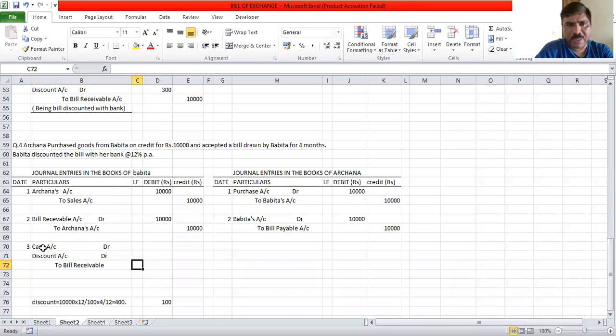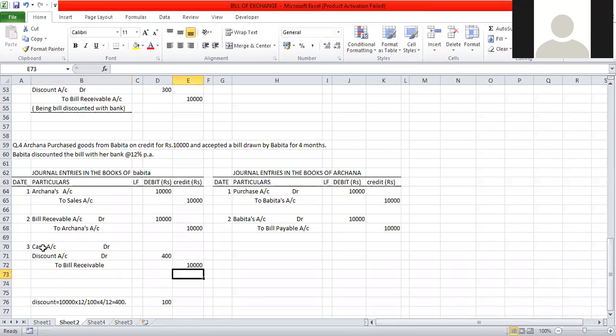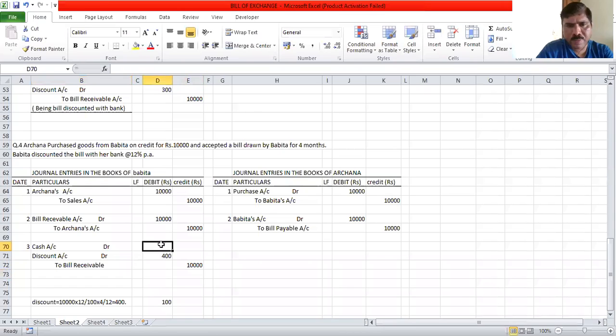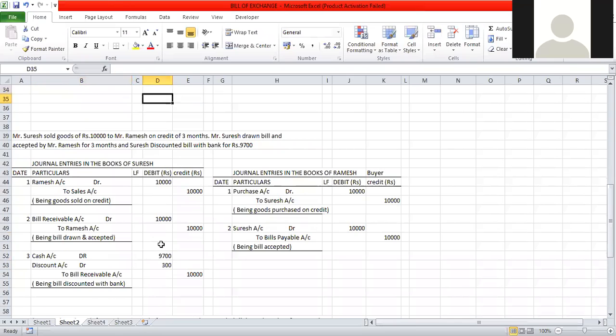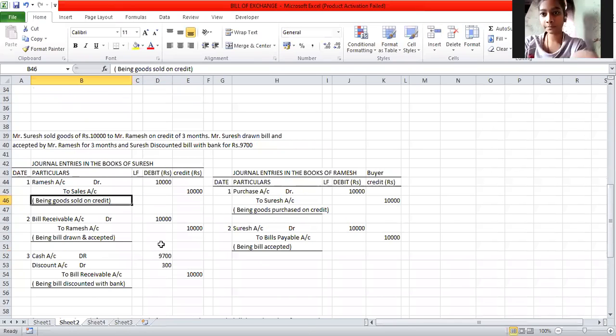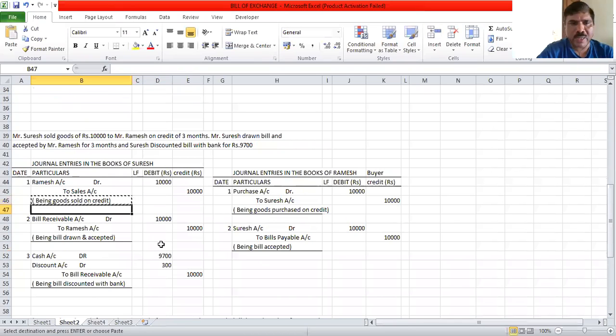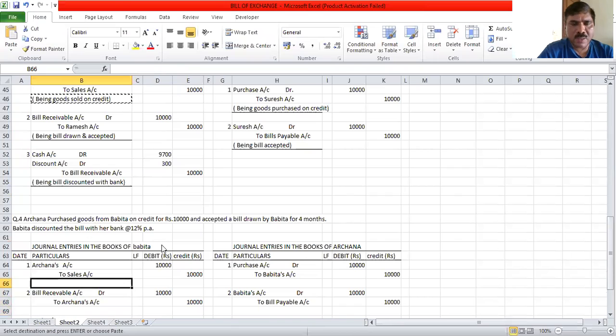So 400 is the discount and the bill amount is 10,000. How much cash should be received? 9,600. All of you understood? Yes, sir. So this is the entry when the bill is discounted with the bank. This entry we have to pass.